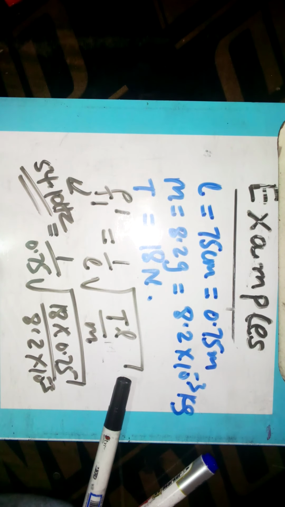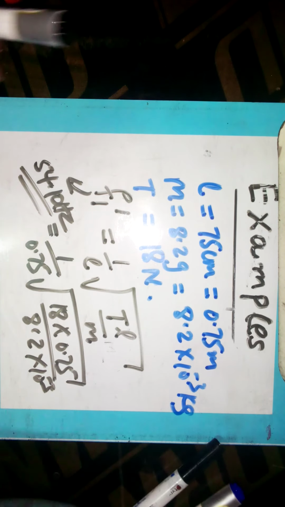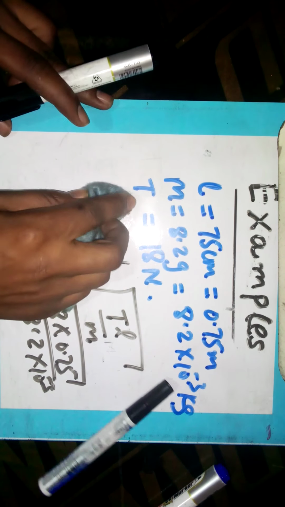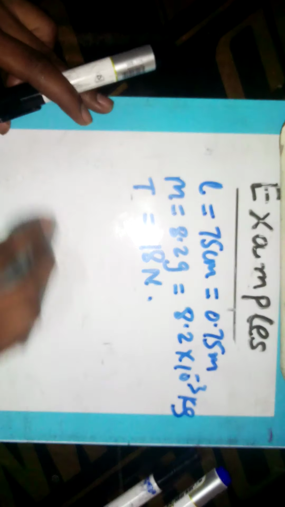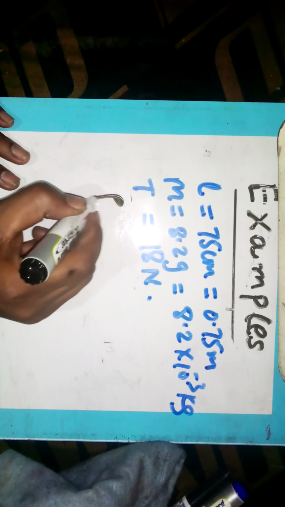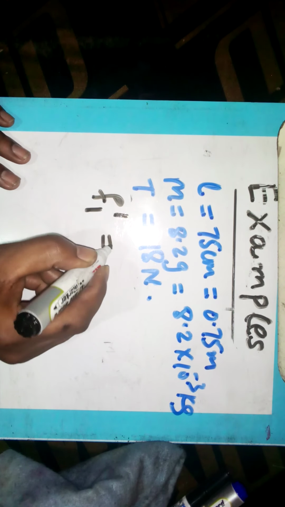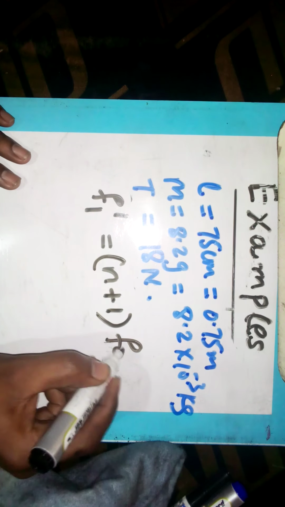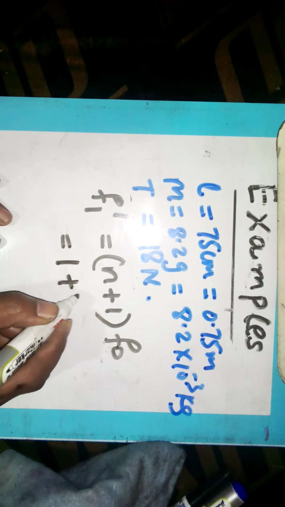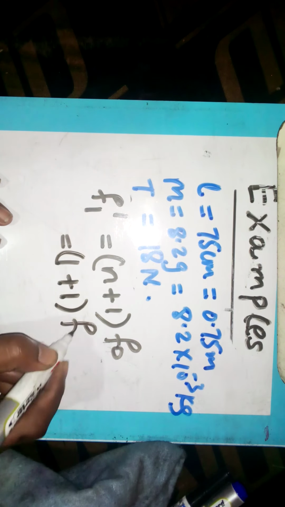This is the first overtone frequency. But also we can go with an alternative. The first overtone F1 bar is the same as n plus 1 times F naught. Therefore, n is 1, plus 1, times F naught.